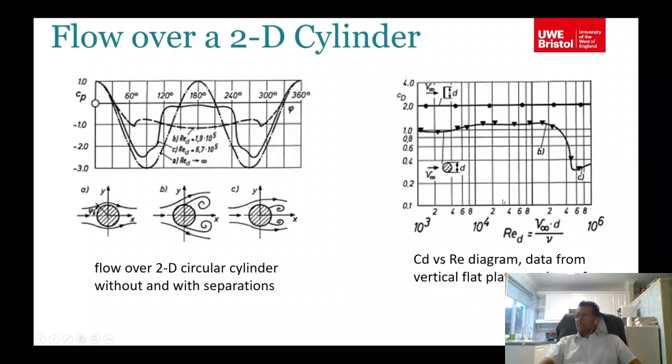Now this is the CD versus RE diagram, using the vertical flat plate as reference. This is for the cylinder. That's for the vertical flat plate.